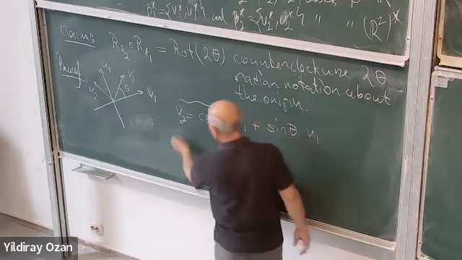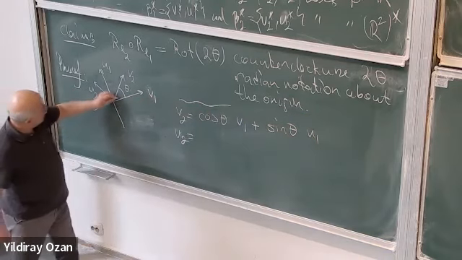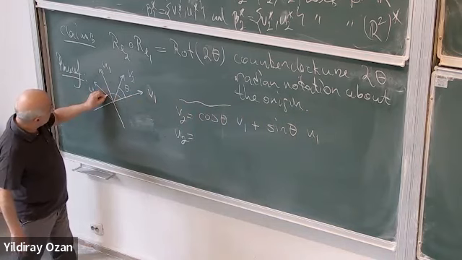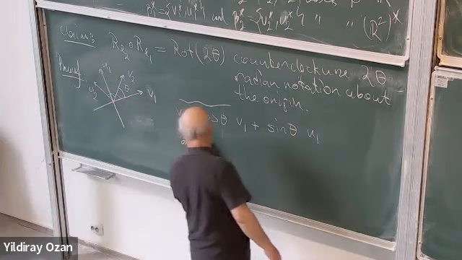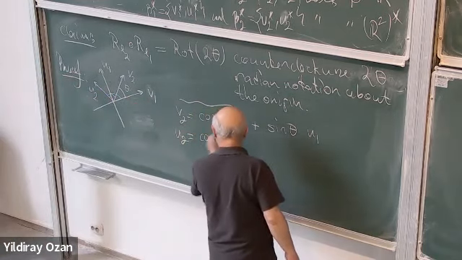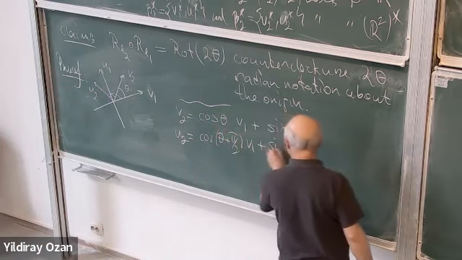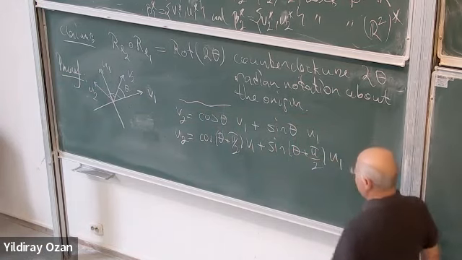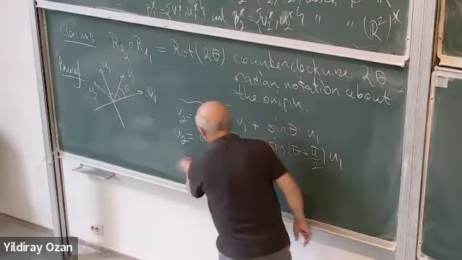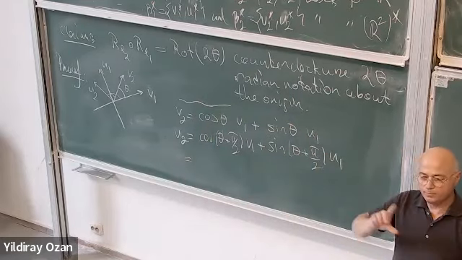What about U2? Well, I have to consider now this angle. This is just theta plus 90 degrees. So this is cosine of theta plus pi over 2 times U1 plus sine of theta plus pi over 2 times V1.